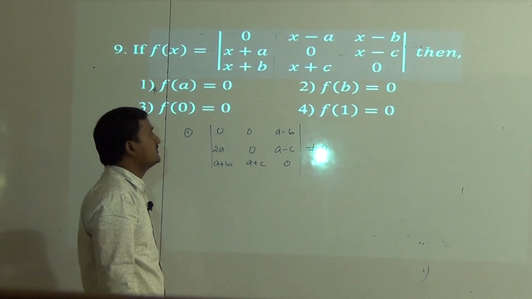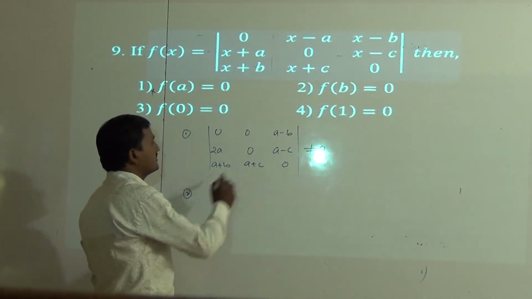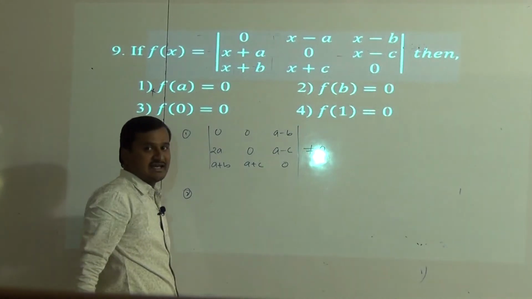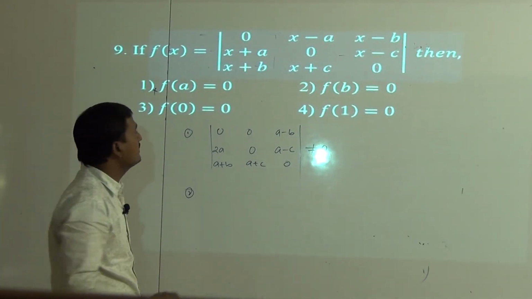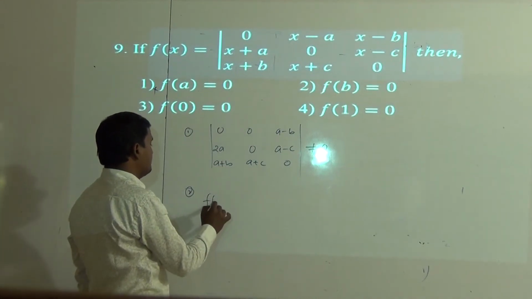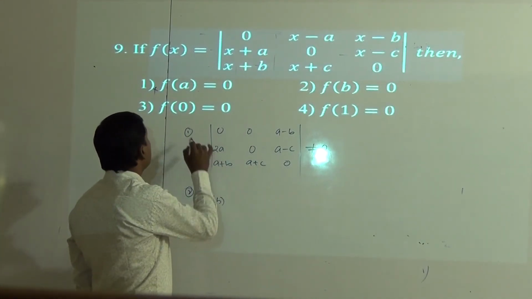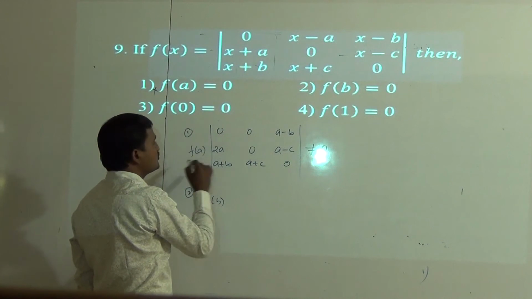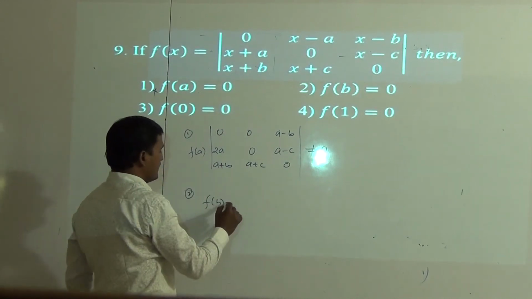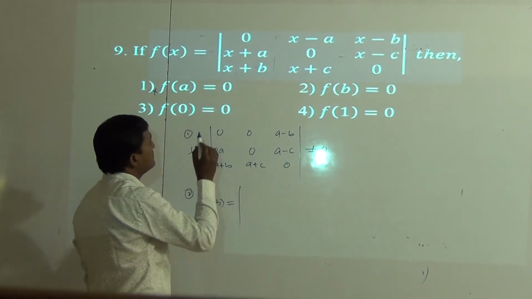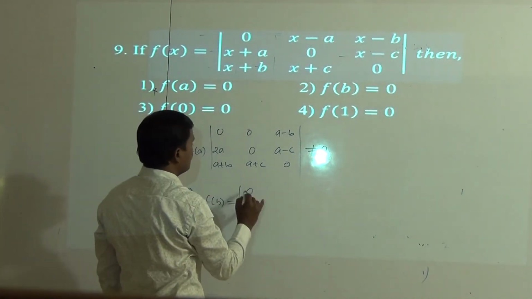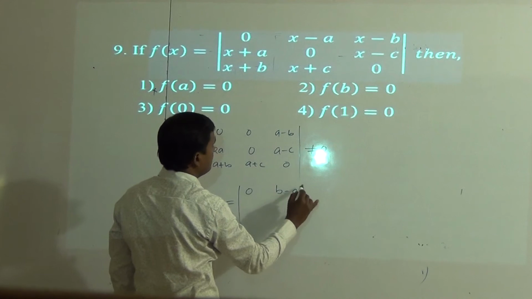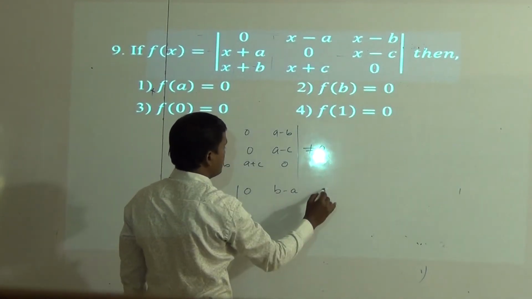Now I will check by the second option. Replace the value of x by b, right? So in this case f of b. Clearly f of a is not equal to 0. Now for f of b, replacing the value of x by b, clearly here it is b minus a, and here it is b minus b, which is 0.